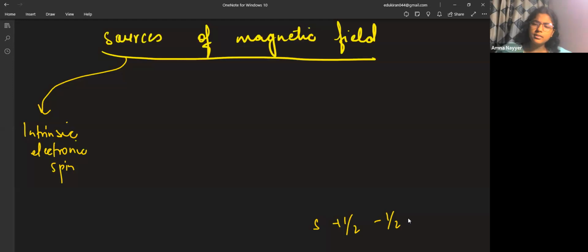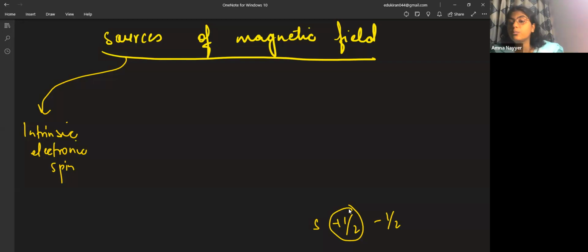Did you all do this in class 11th? I think in chemistry you must have done it, no? Yes, in structure of atom, where we calculate the magnetic spin moment and all. So this plus half and minus half which we write is actually the intrinsic spin of electrons. From there also magnetic field is generated.